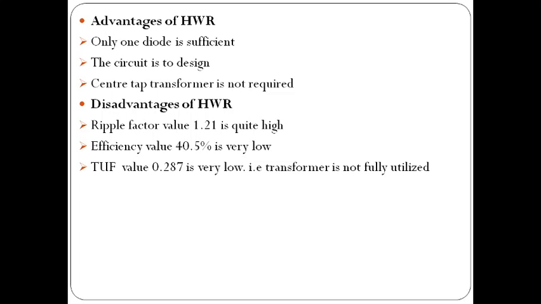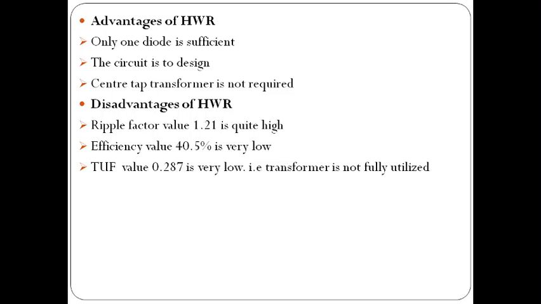And the disadvantages of the rectifier. In this output we have more ripples. The ripple factor indicates the amount of AC components in the DC, and the ripple factor is too high, it is 1.21. The efficiency of the rectifier is also only 40.5%. It is very low: out of 100 we are getting only 40.5.